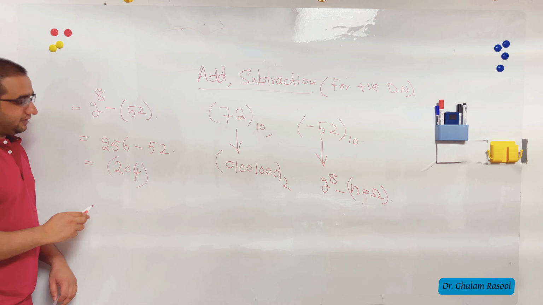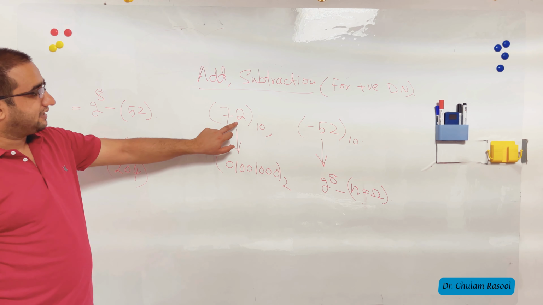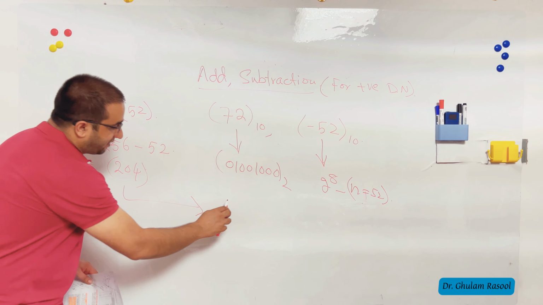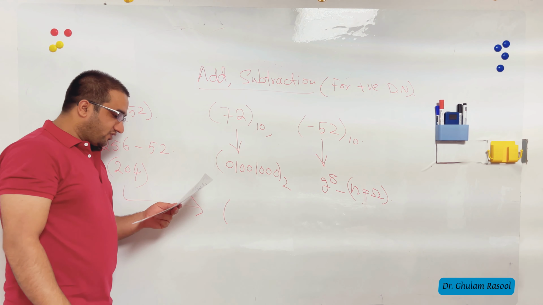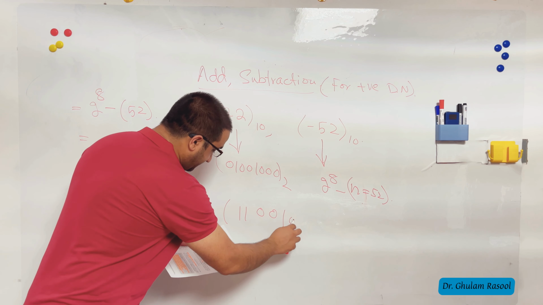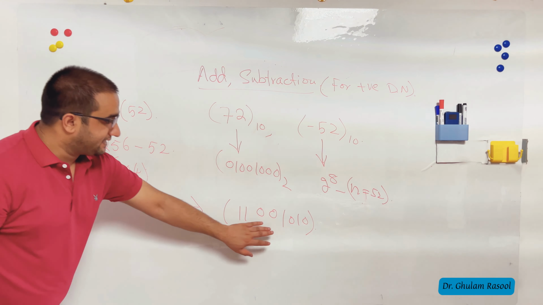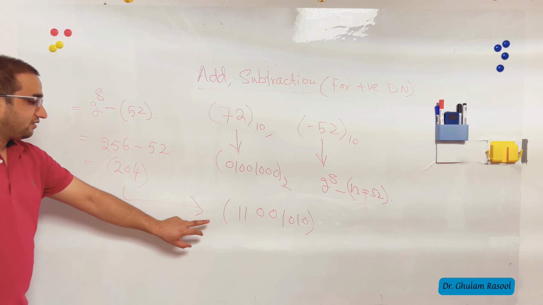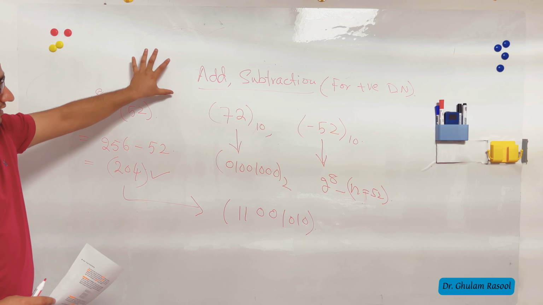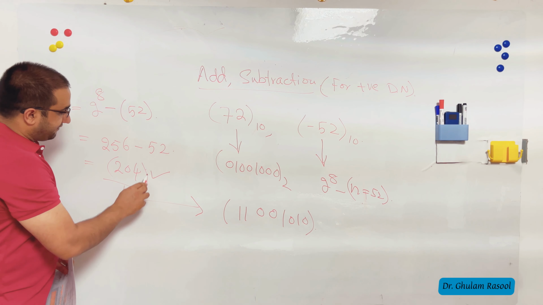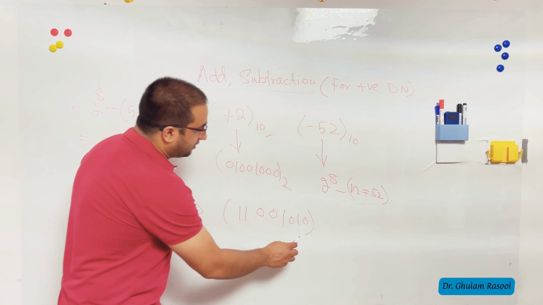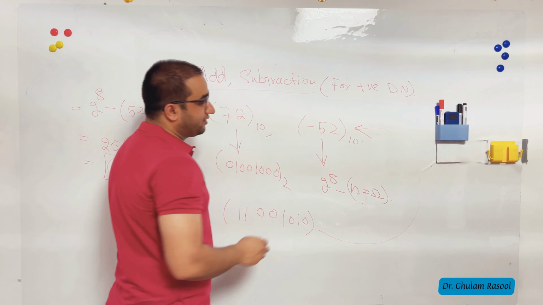Now 204 is just like a number like 72, and you better know how to convert 204 into a binary number. You can do it. I'm just writing the final number, 11001100. This is the binary number corresponding to 204, and from the formula I already said that the binary number of this number is exactly equal to the binary number of negative 52.